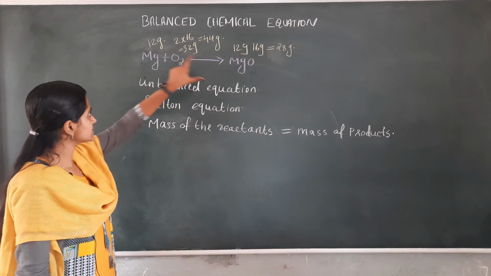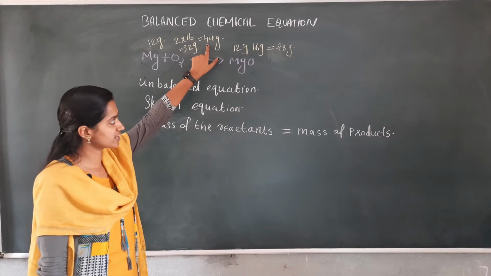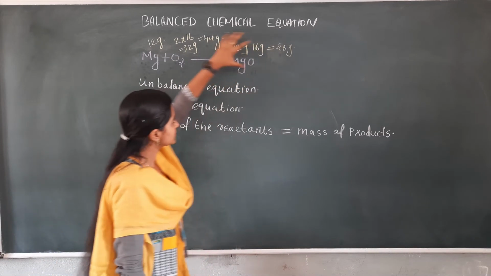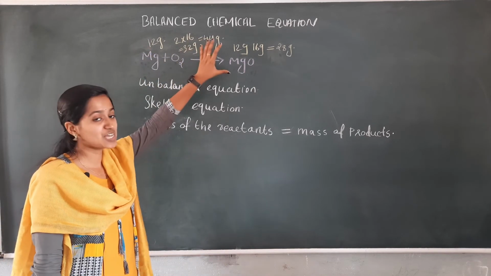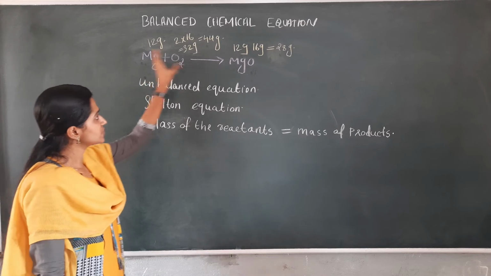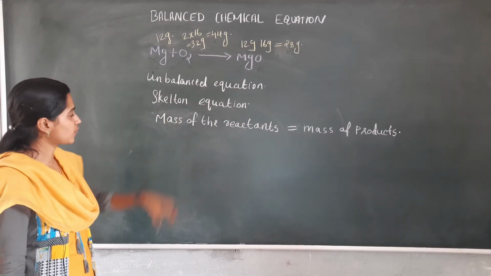So when we look at this equation, on the reactant side the total mass is 44 gram and on the product side the total mass is 28 gram, which means that this reaction is completely against the law of conservation of mass. So we must balance this equation. Okay, now how can we solve this problem?